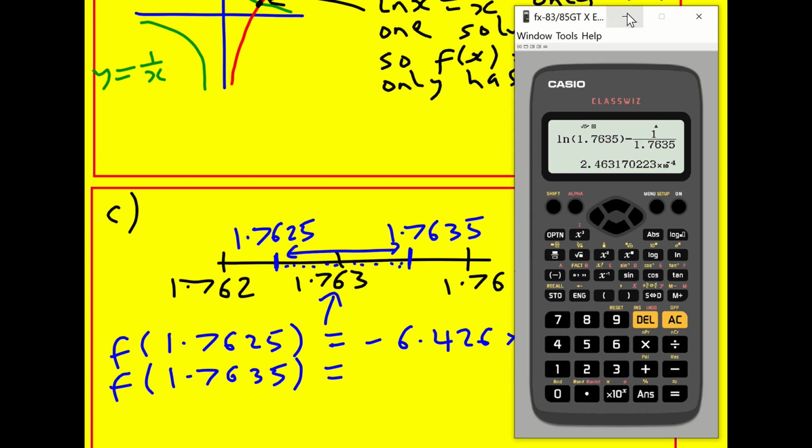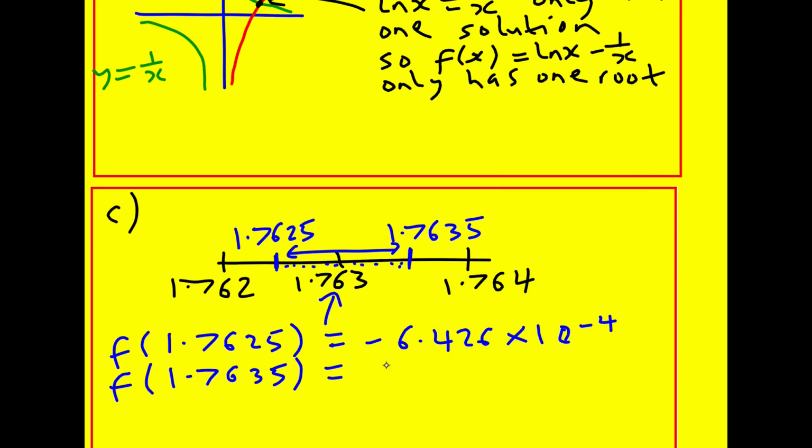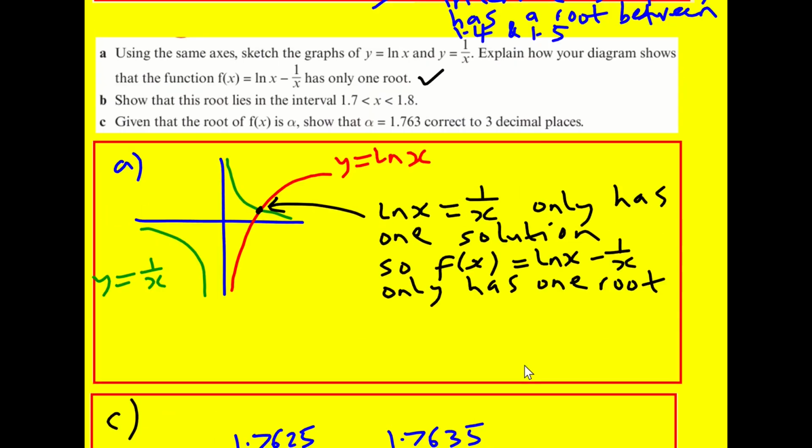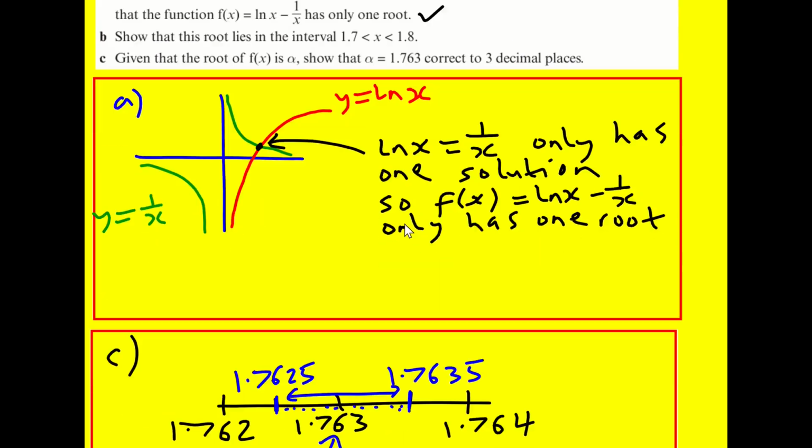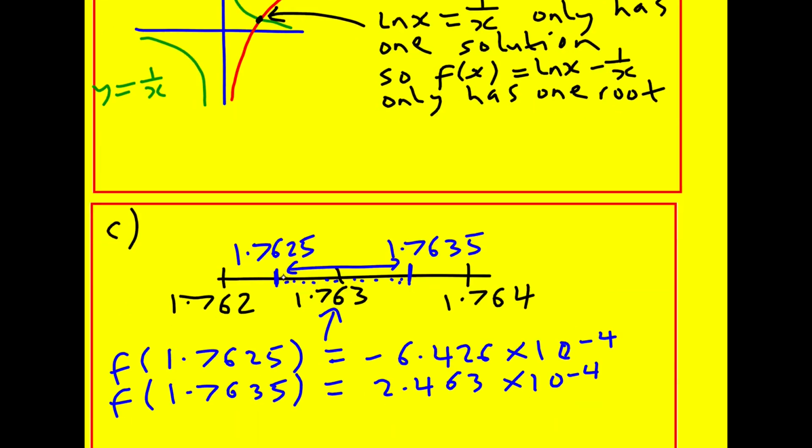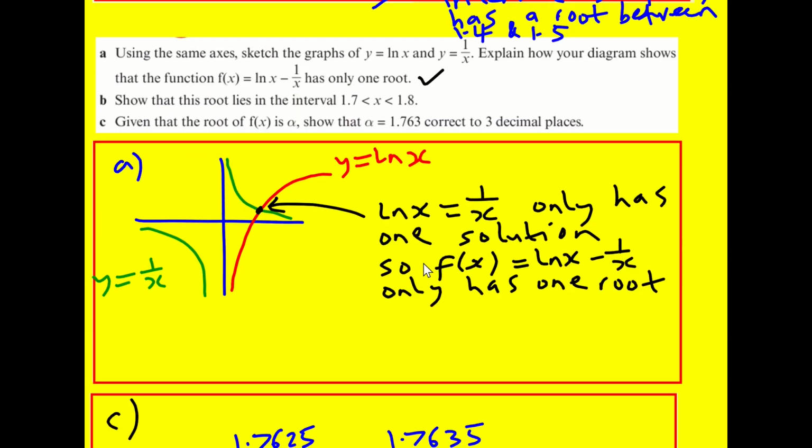There we go, it's positive, 2.463. So how does this show it? Because we've basically done what I said. We've shown that there's a change in sign in this interval here, and so if I'm rounding it, it's going to round to 1.763.